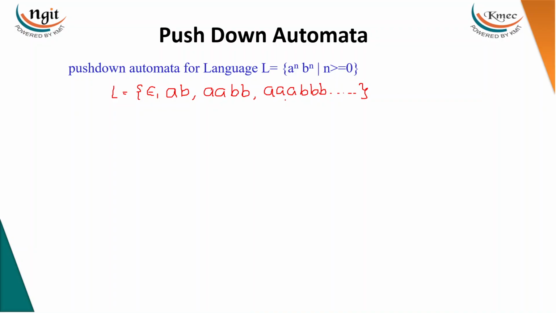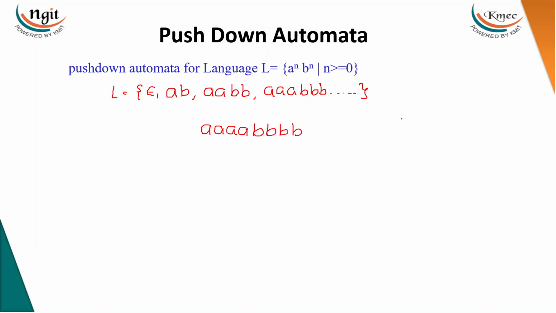Whenever there is a dependency between the variables, for example, if I take 3 A's or 4 A's, how many B's can I take? If you are allowed to take any number of B's irrespective of the A's, then I can say that it is regular. But here, the number of B's must be equivalent to the number of A's.